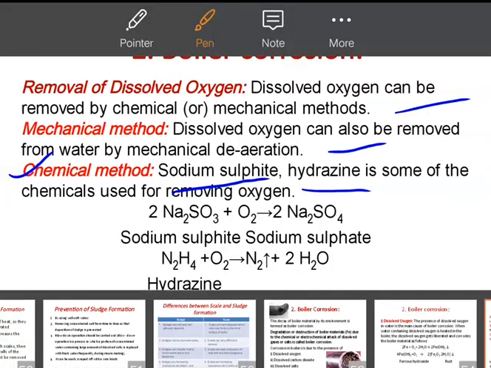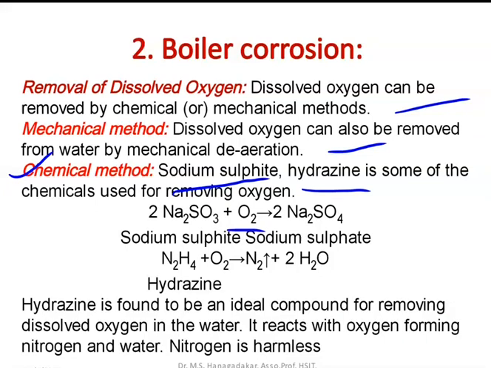Consider here, if boiler feed water contains oxygen, when it is treated with the sodium sulphite compound, sodium sulphite gets oxidized to form sodium sulphate. I mean to say here, oxygen combines with the sodium sulphite, leading to the formation of sodium sulphate. Thereby you are reducing the amount of oxygen in the boiler feed water.